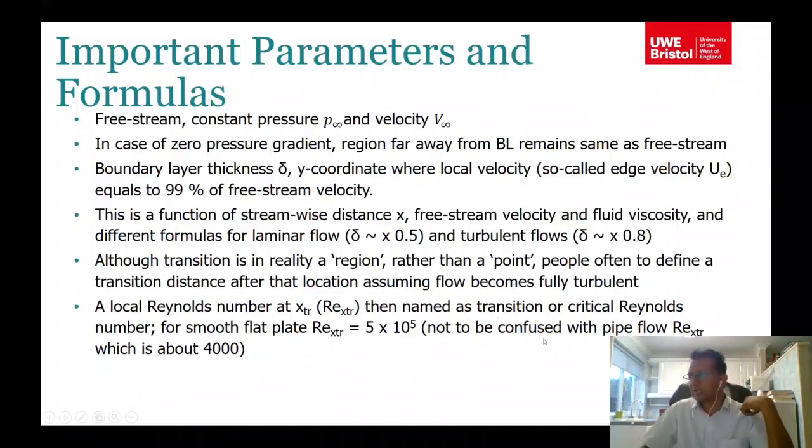So don't confuse this with the Reynolds number of 4000 for pipe flow. This is not the Reynolds number for free stream flow; that is 5 times 10 to the 5. For pipe flow, it's 4000. So forget this 4000 Reynolds number for aerodynamics. You need to stick to the 5 times 10 to the 5 Reynolds number.